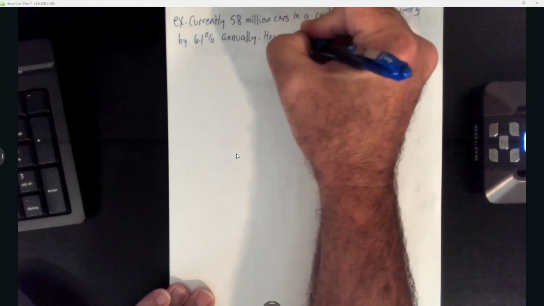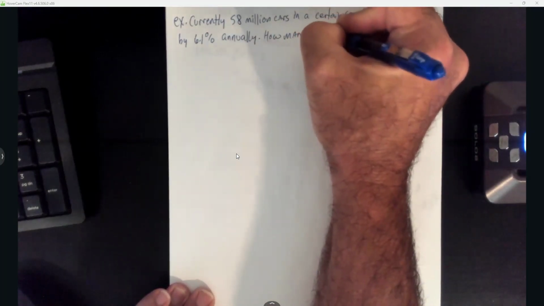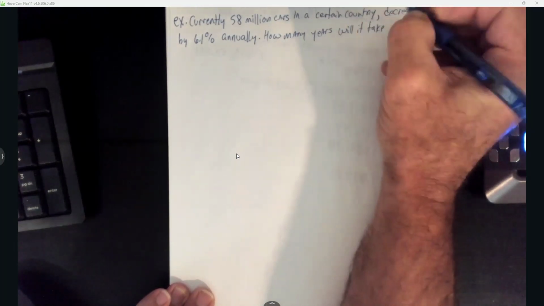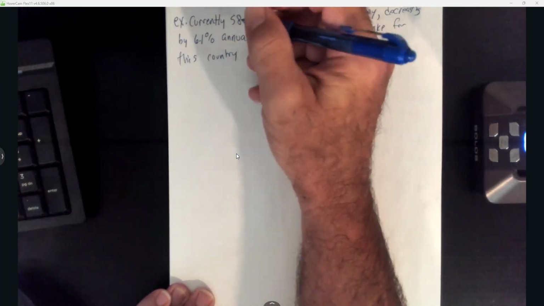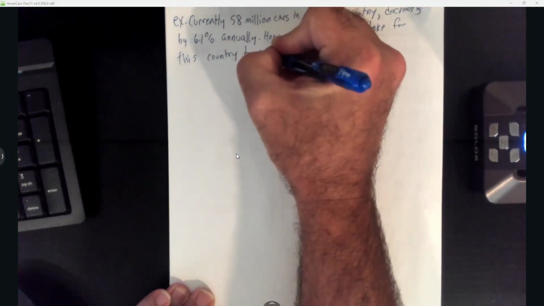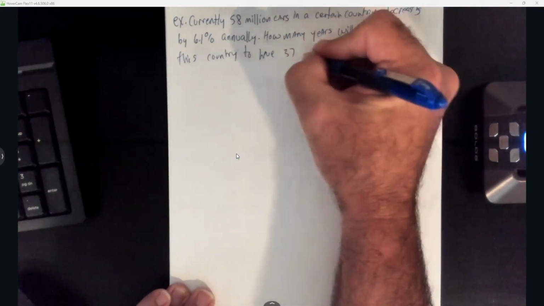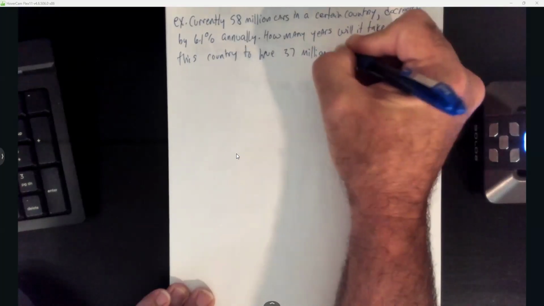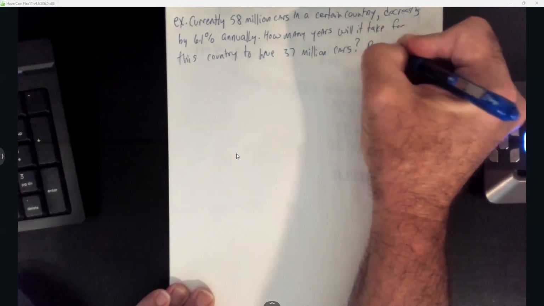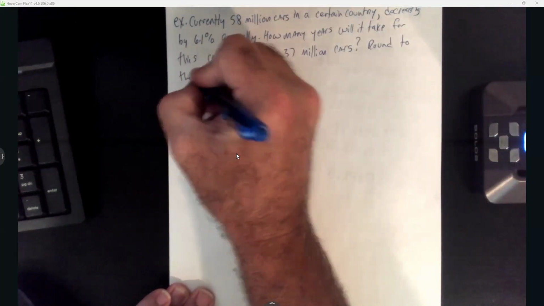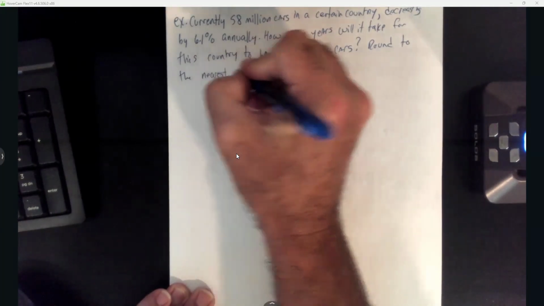How many years will it take for this country to have 37 million cars? Then it says round to the nearest year.